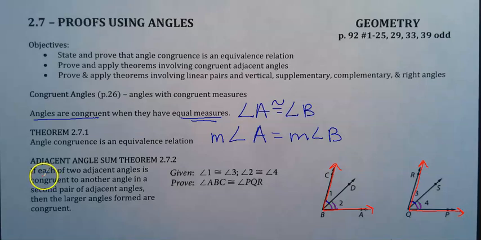Adjacent means side by side, so if each of these is congruent to each of these, then the larger angles formed are also congruent.